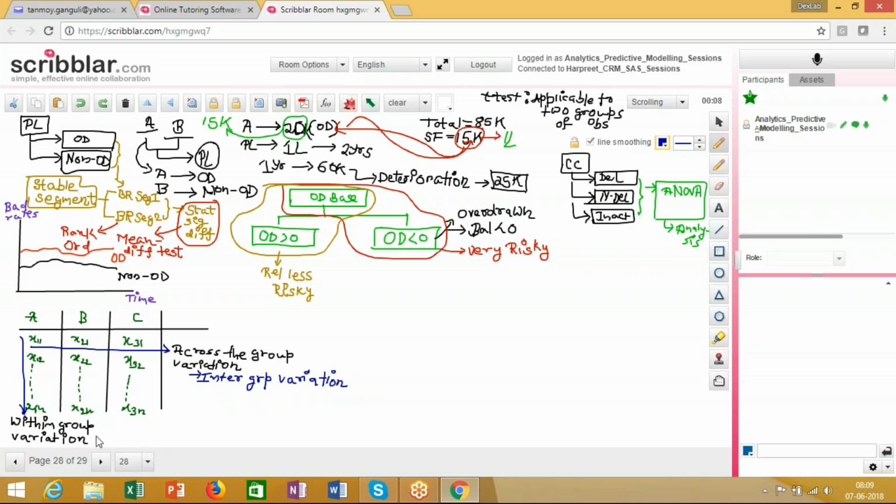And over here, the next part that I have is the intra-group variation.